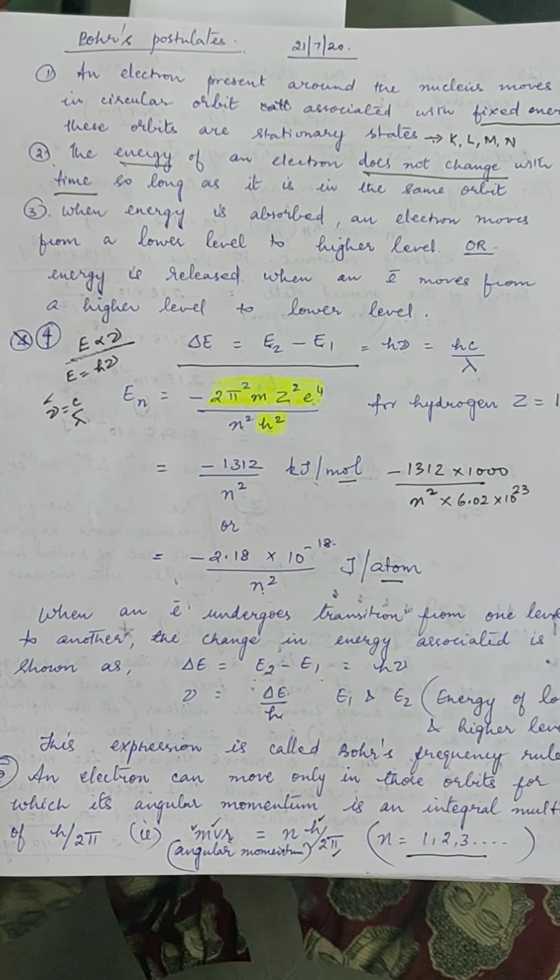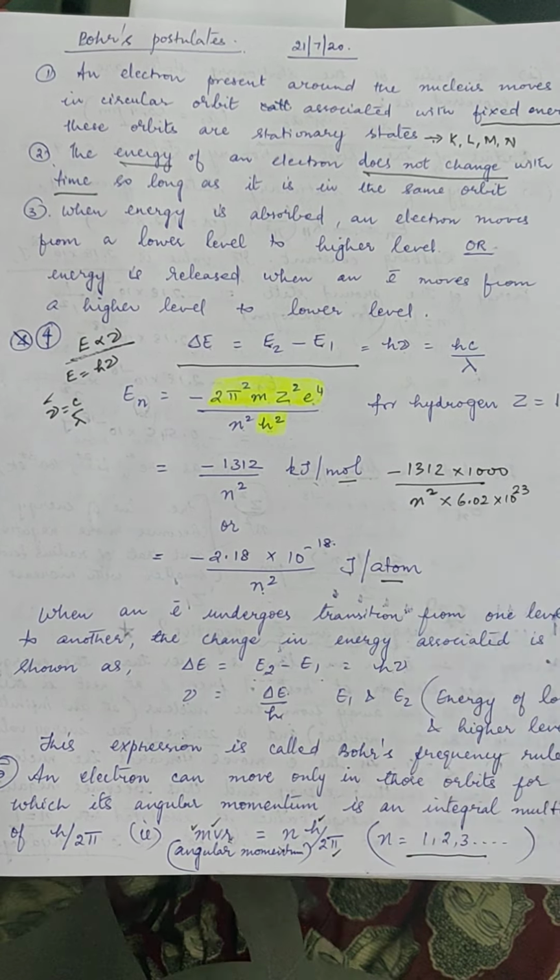Okay, so now based on this, I already told you, according to Bohr, when energy is absorbed, the electron moves from a lower level to a higher level, and when energy is released, the electron moves from a higher level to a lower level. Now let us see this particular concept in terms of numerical values.